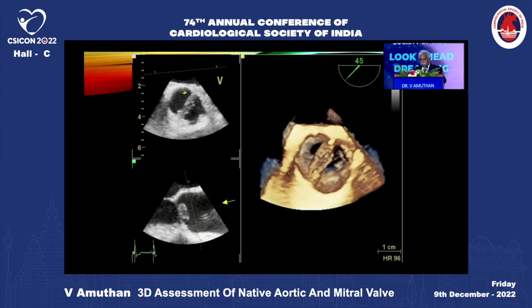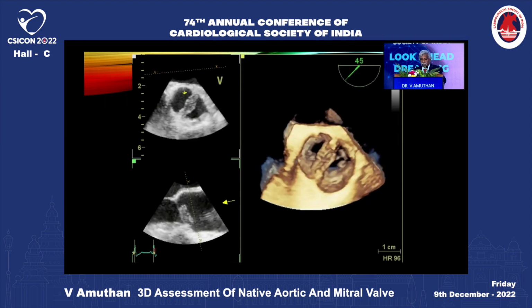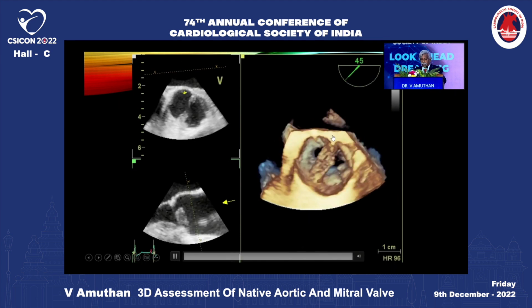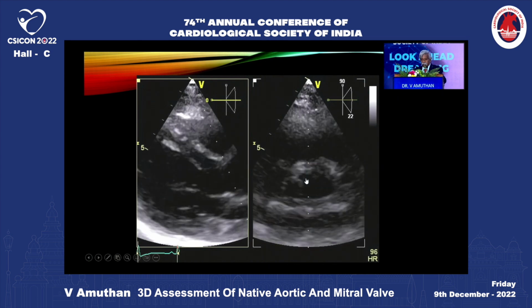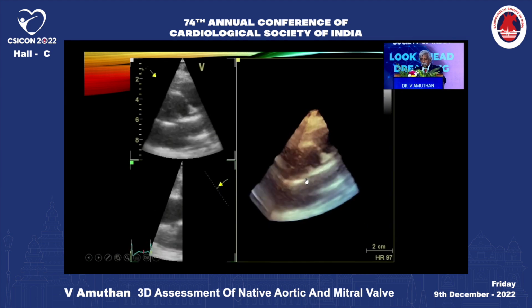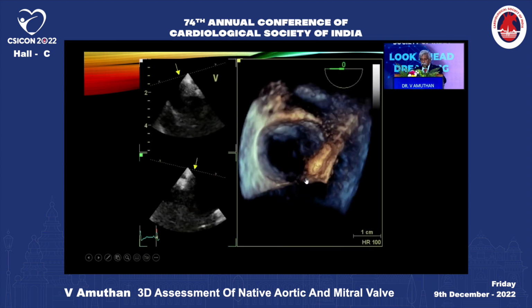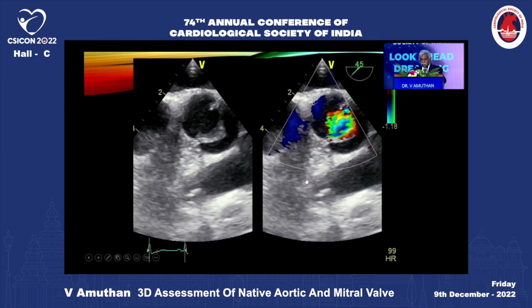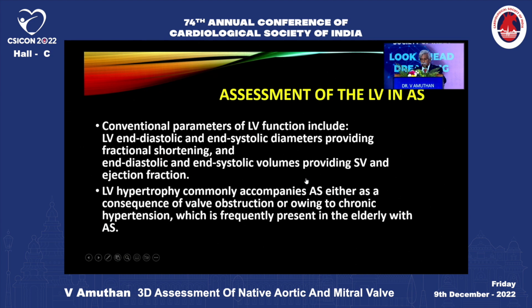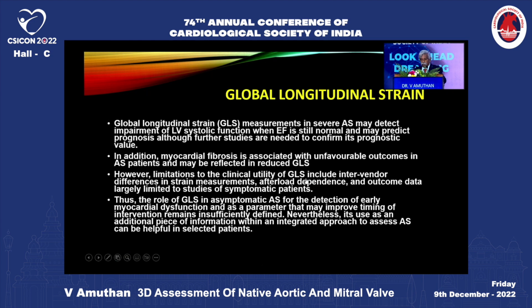This is one case of bicuspid aortic valve, this is a 3D here, and you can see here the attachment at 1 o'clock and 7 o'clock position, and this is the assessment of LV.